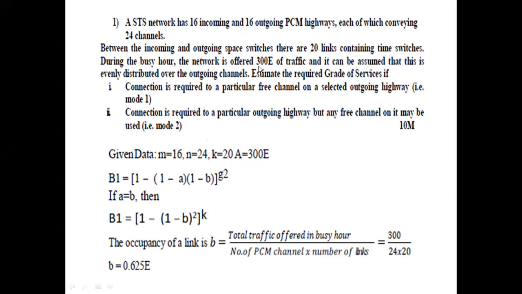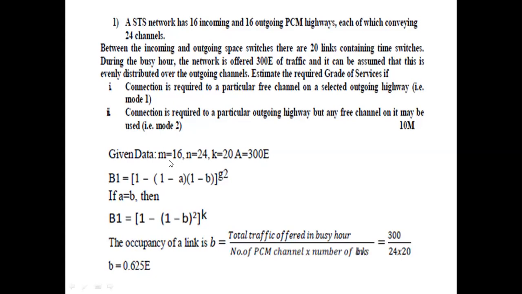The traffic during the peak hour is 300 Erlang, and the number of intermediate links which connect these two space switches, as it is an STS combination, space-time-space switch, is given as 20. He is asking us to find the grade of service under mode 1 and the grade of service of the STS switch under mode 2.